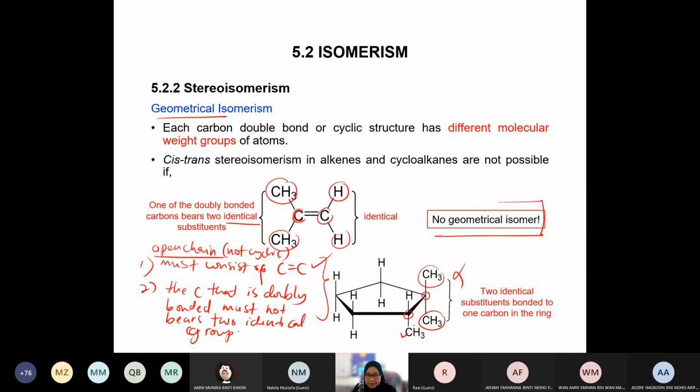Okay, this one pass. Dia tak semestinya side by side. Untuk cyclic, it is slightly different. It is not necessarily side by side. Dia boleh this carbon and this one. Boleh. Okay, walaupun dia jauh tak apa. Tapi syarat dia tak boleh pegang the same group. Okay, so that's the syarat for cyclic compound.